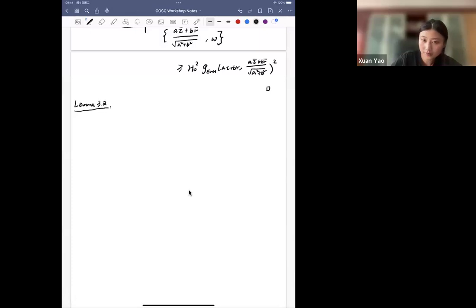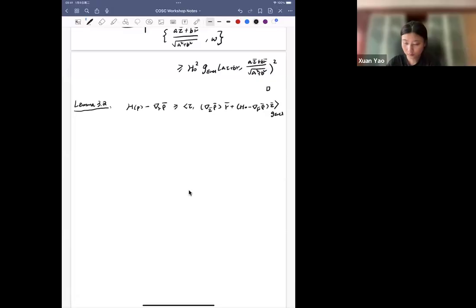Okay. Minus the nu rho bar is greater or equal than tau times rho bar nu bar plus h naught minus nu bar rho bar tau bar, G Euclidean.